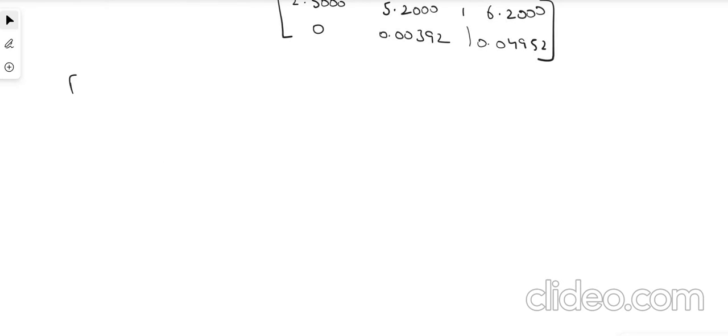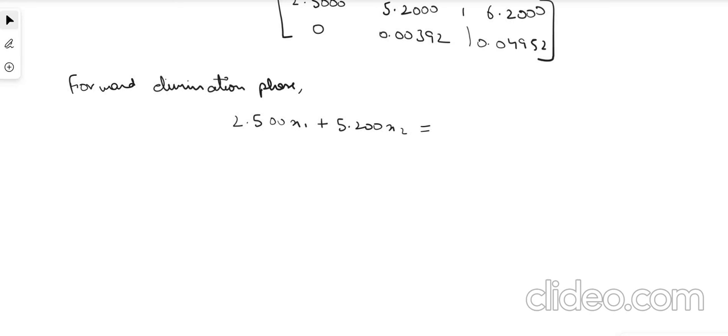Now again doing the forward elimination phase, the equation will be 2.500 x1 plus 5.200 x2 equal to 6.200, and the next equation will be 0.00392 x2 equal to 0.04952.